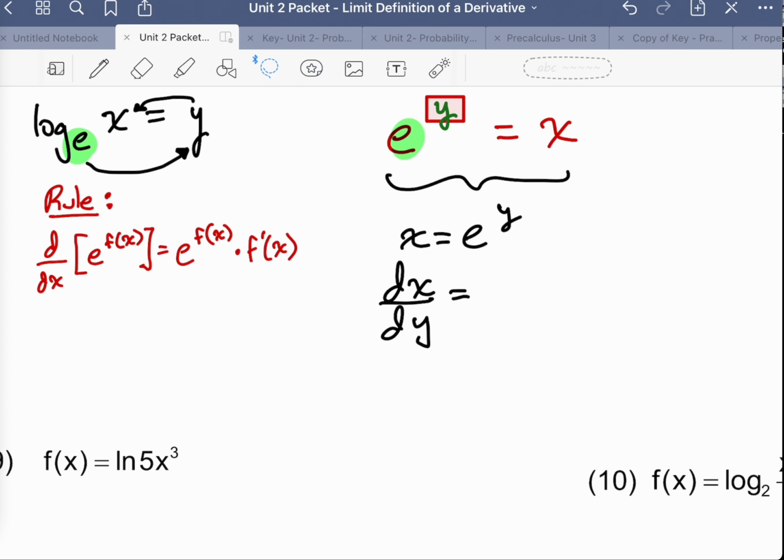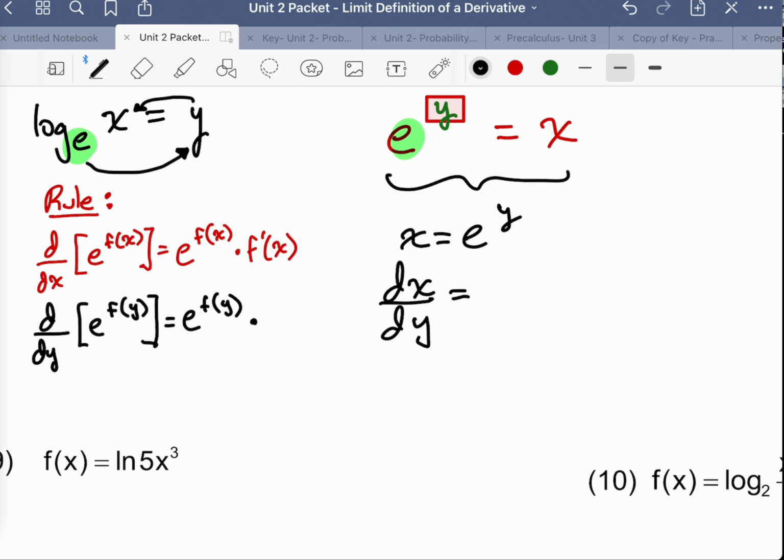So you rewrite your exponential and then take the derivative of that exponential. But then it's like, all right, well, this isn't in terms of x, it's in terms of y. So what do? I'll change all my x's to y's. It's going to be the same process. So d dy of some exponential function where the variable is a function of y is going to be e to the f of y times f prime of y.